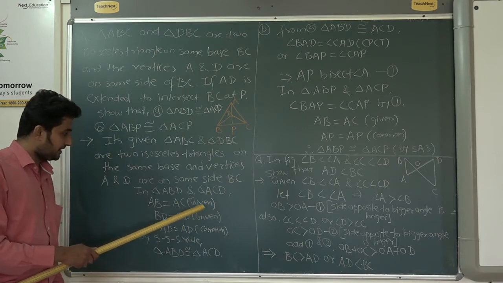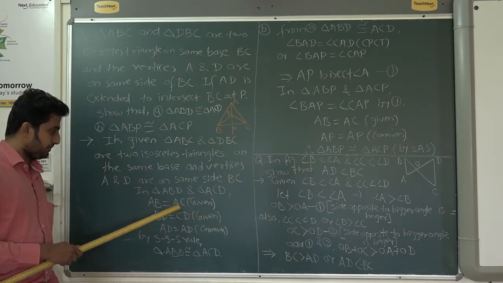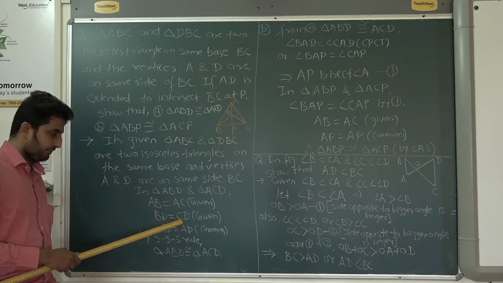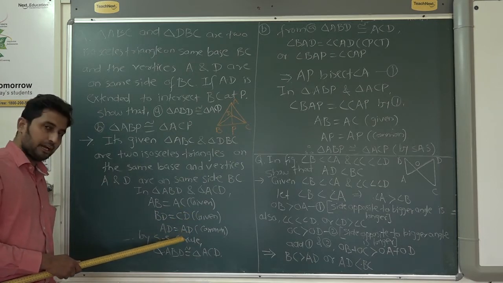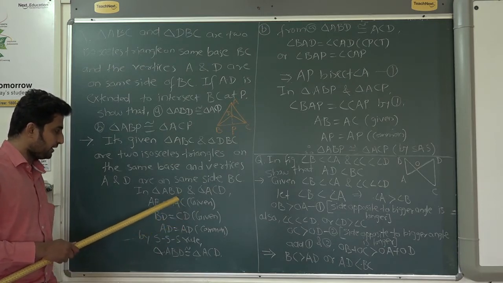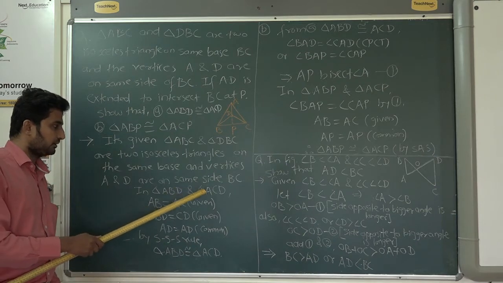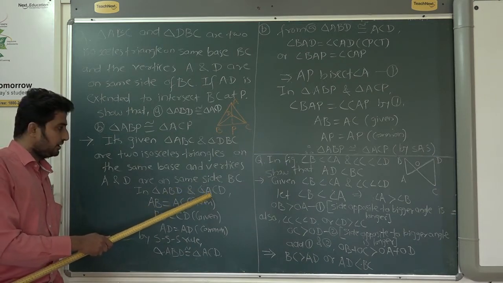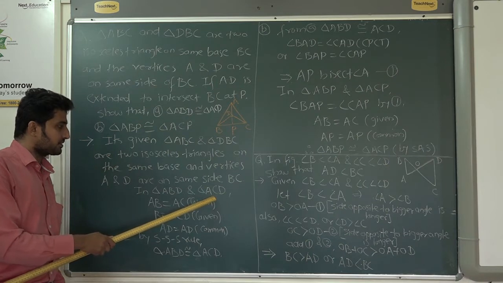It is side, side, side. We are equating all the sides of one triangle with the sides of the next triangle.